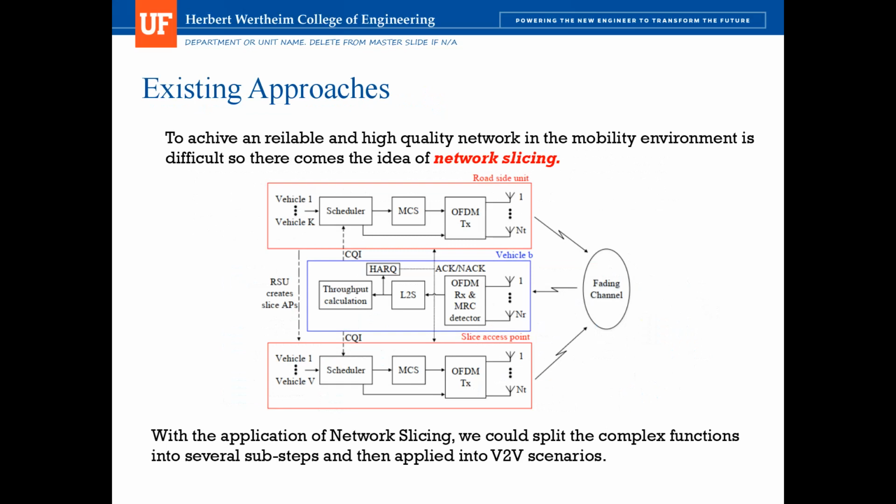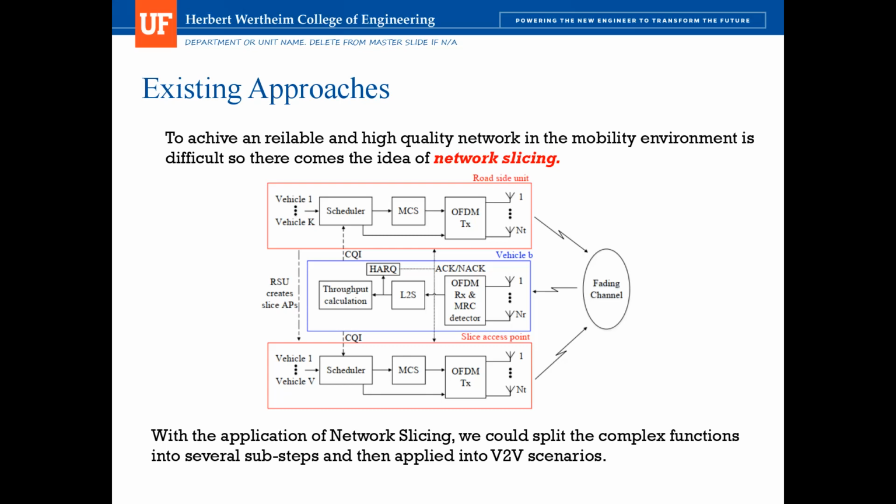During the research, I found an article called On the Application of Network Slicing for 5G V2X. In this article, the author tried to use the network slicing method to pursue fast and high-quality network services.